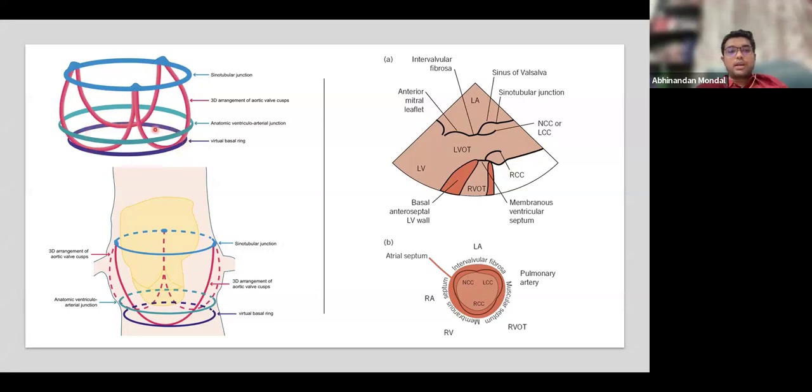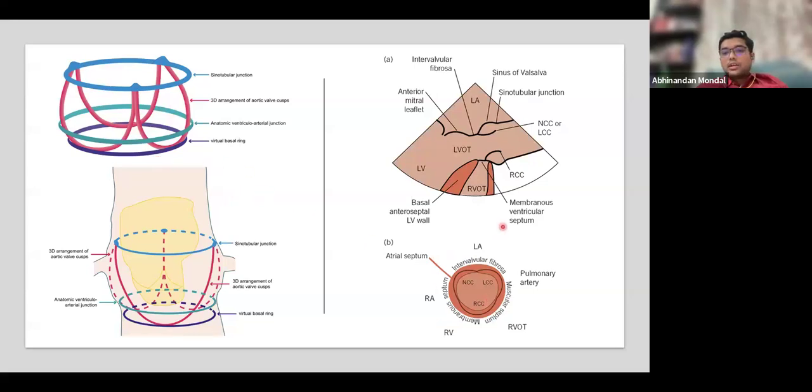If I join them, this violet blue color line you can see over here is your virtual basal ring. An anatomical ventricular arterial junction is where the ventricular myocardium ends and your aortic endothelium starts. So there is a gap of 1 to 2 millimeters anatomically, but echocardiographically there is not much of a difference. This is better to know.